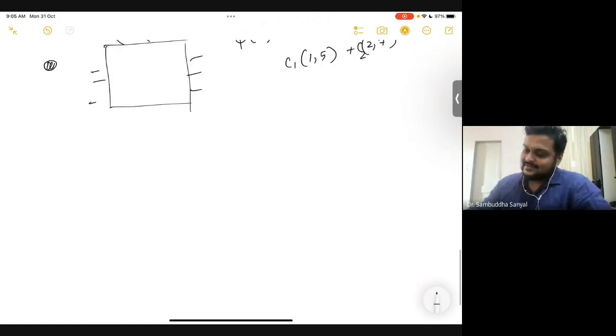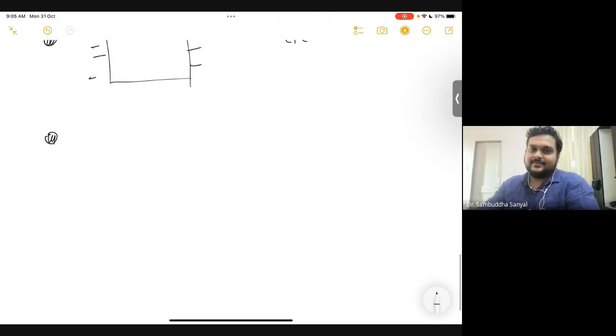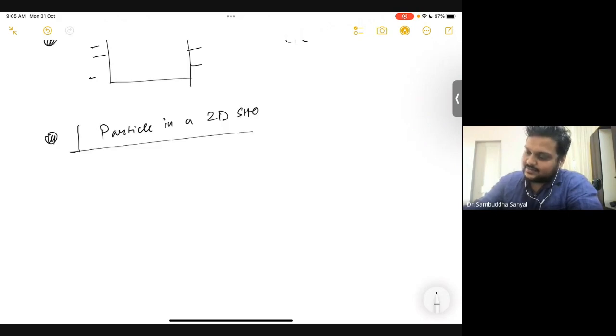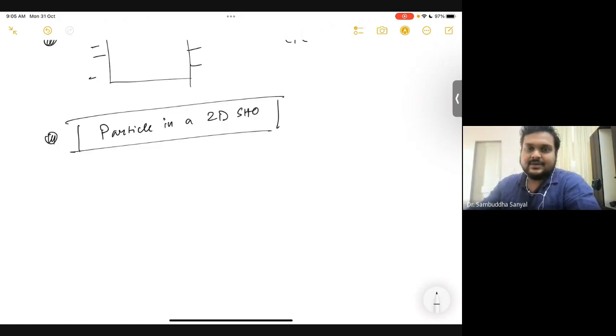Okay, so let's do the particle in a 2D simple harmonic oscillator. I cannot, of course, keep revising old stuff, then we'll never finish any syllabus. So let's move on. Particle in a 2D harmonic oscillator means you have a potential which is of this form.